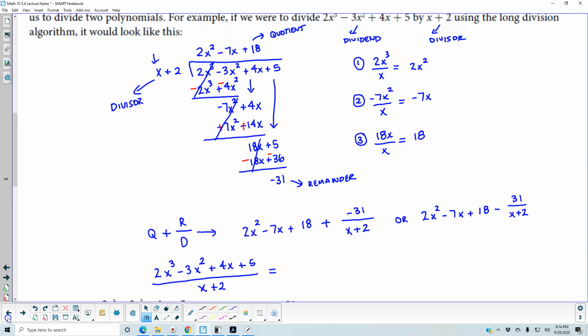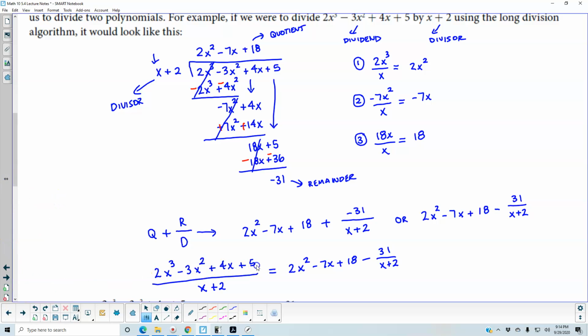And what we got was 2x squared minus 7x plus 18. Now I'm going to write the minus on the second one we did, minus 31 over x plus 2.